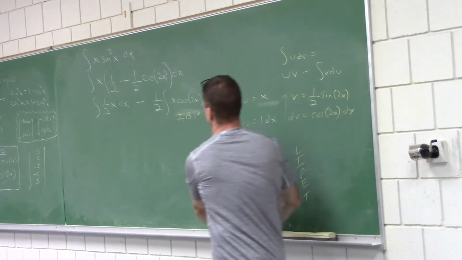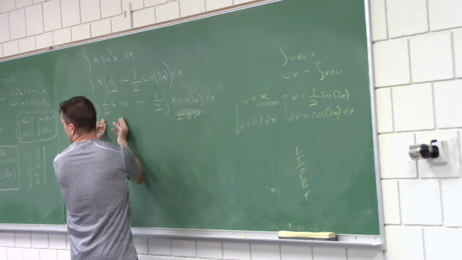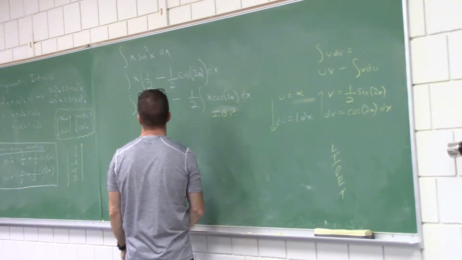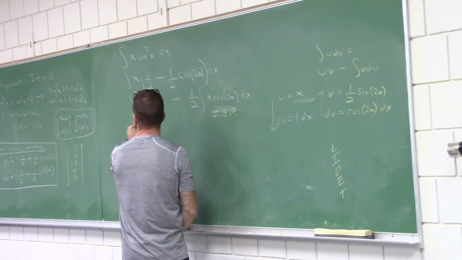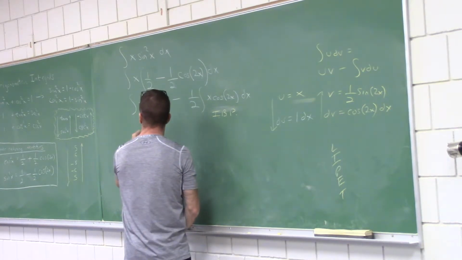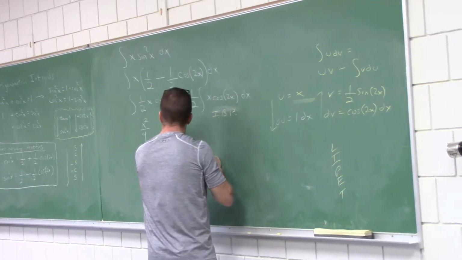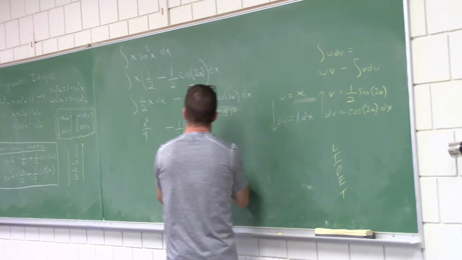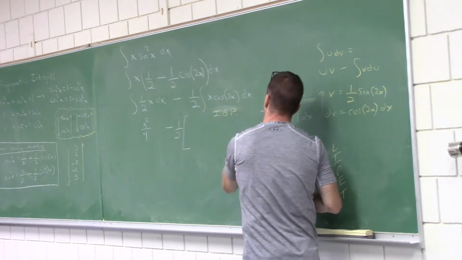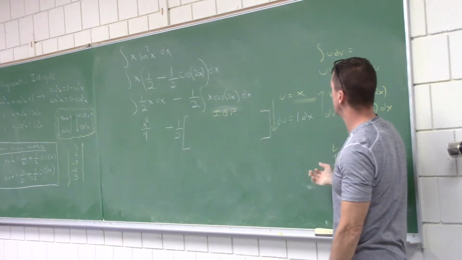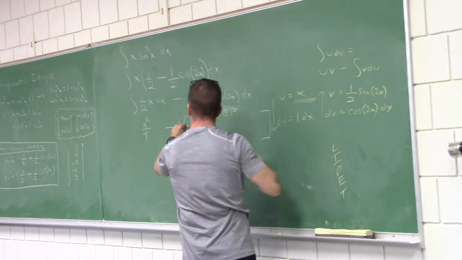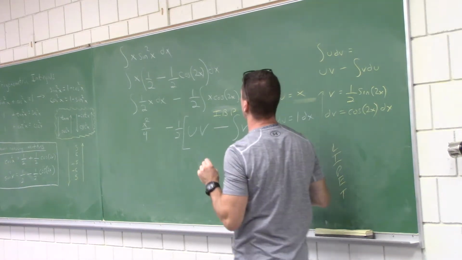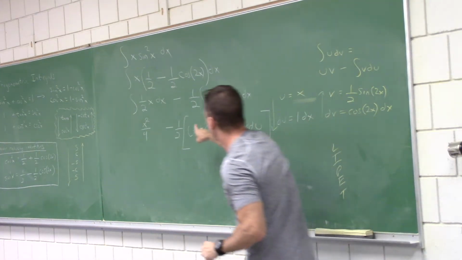Alright. If you want, you can keep writing this, but this is already just what? What's the integral of that? That's x squared over 4. Okay. Minus 1/2. I'm going to do that bracket thing just so I'm very careful with this. Inside the brackets I do uv minus integral v du. Leave that minus 1/2 there.